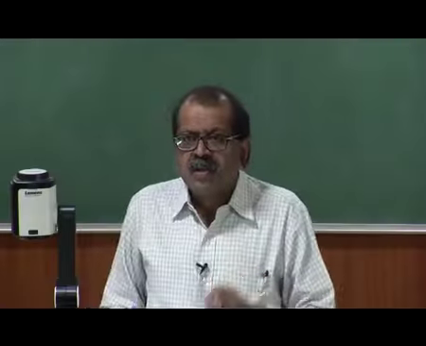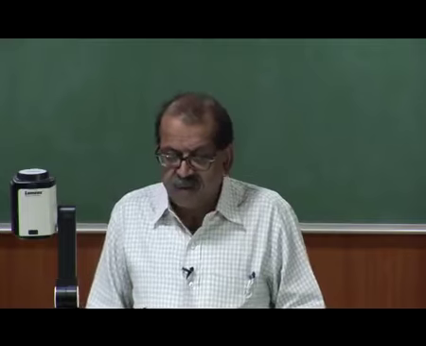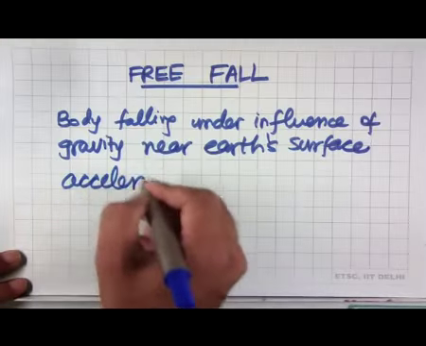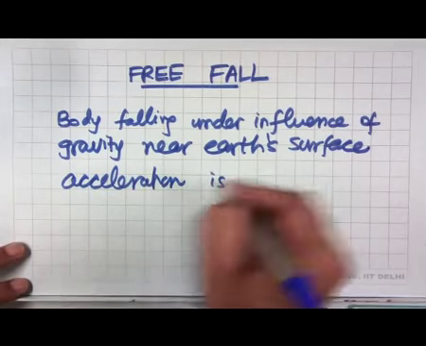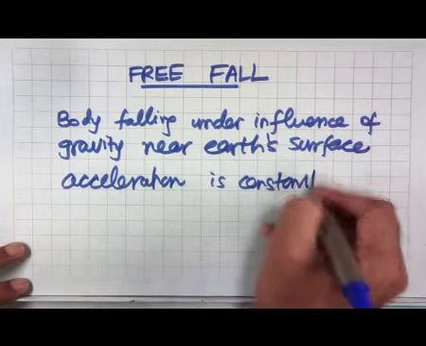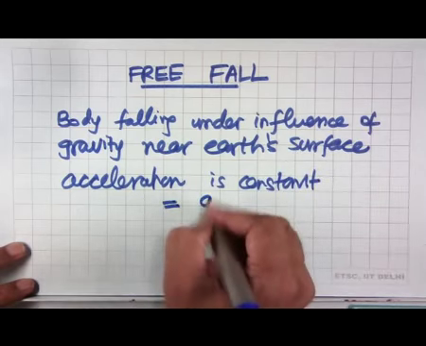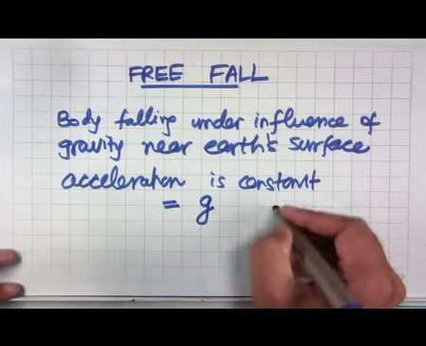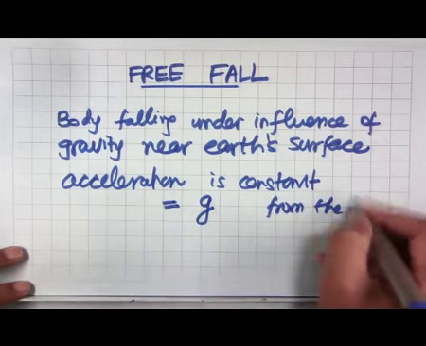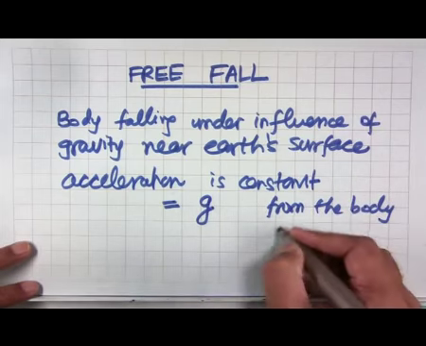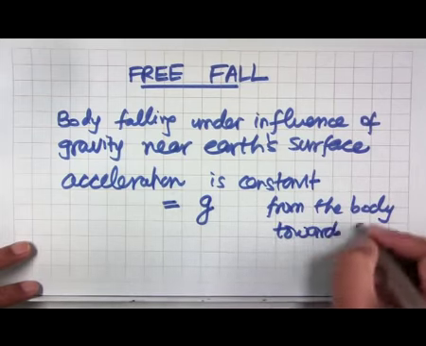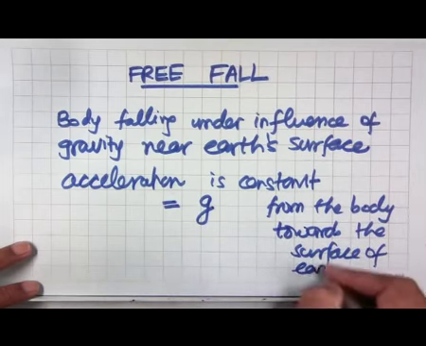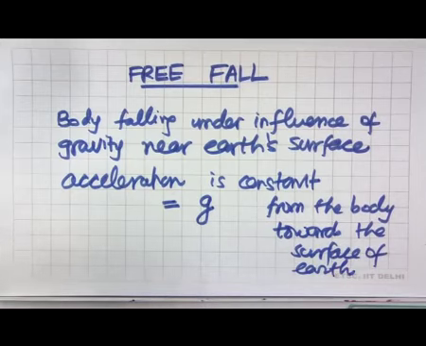As long as the body is not very far from the Earth's surface, the acceleration on such a body is constant, and this is given by a constant for which we use the symbol g. The direction of acceleration is from the body towards the surface of Earth.